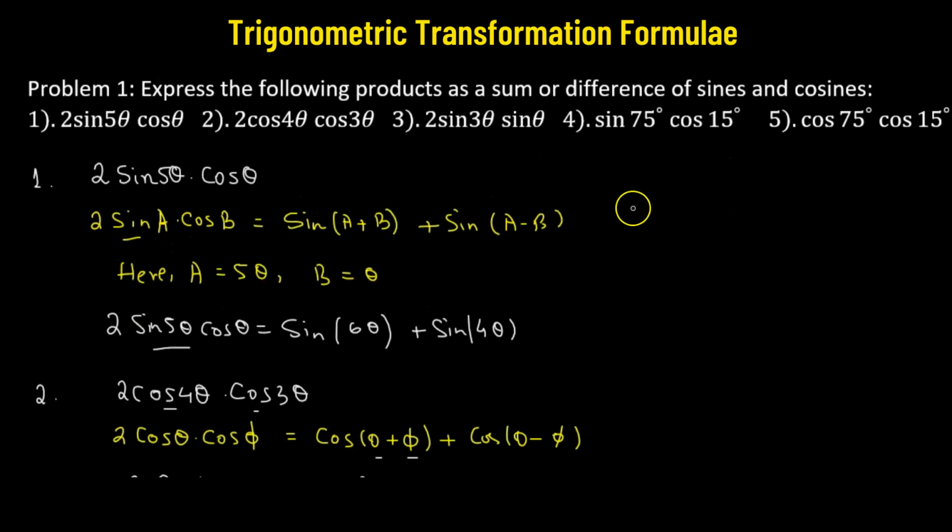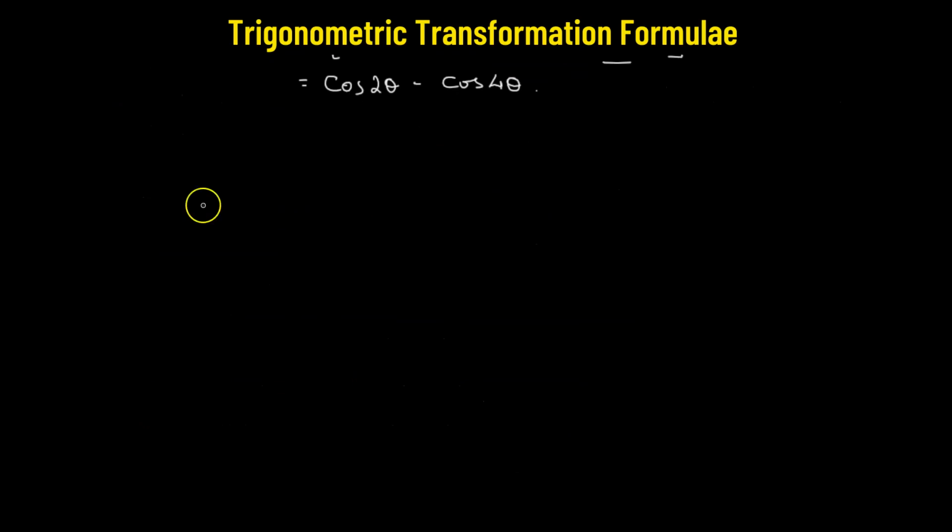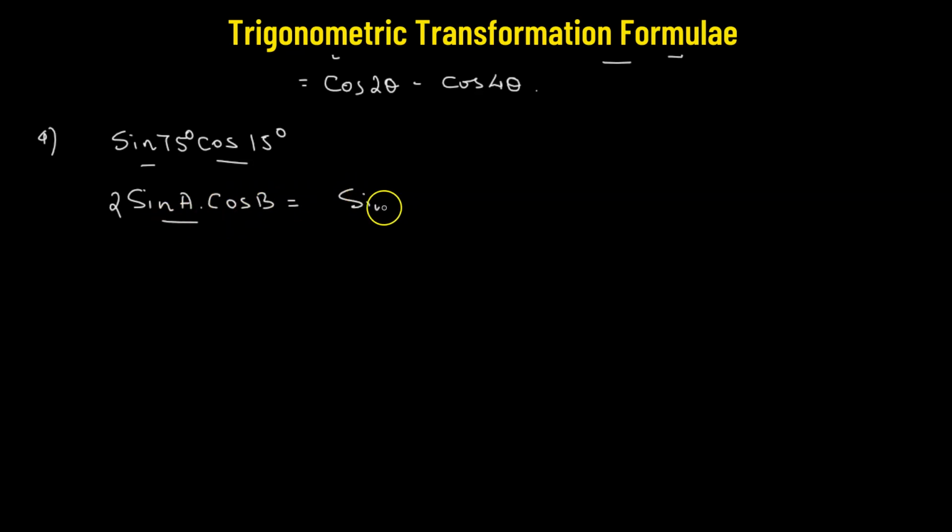So here we have sine 75 degrees cosine 15 degrees. Number 4, sine 75 degrees cosine 15 degrees. Here we'll use the fact that 2 times sine of A times cosine of B, since sine of A is coming first, is the sum of 2 sine functions.